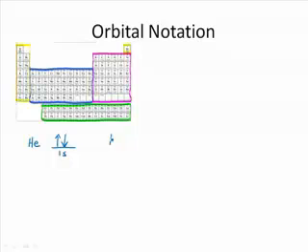Let's look at what nitrogen would look like. Again, we always start here, go across, drop down to the next row, and we keep going until we get to the element we want. And this time, we're wanting nitrogen. So we go through the 1s, then drop down, we go to the 2s. And now we go to the 2p.